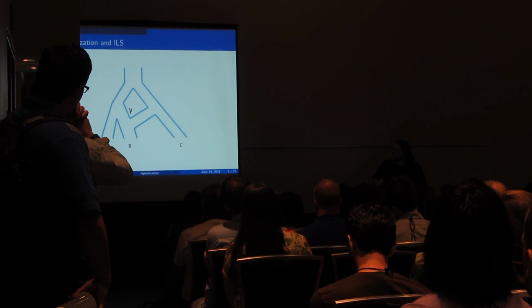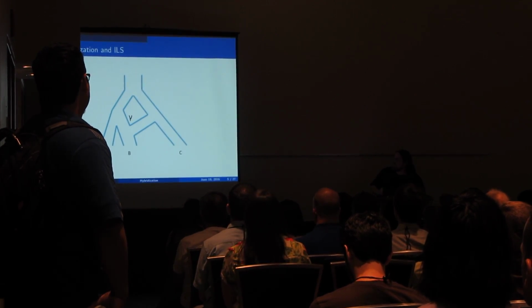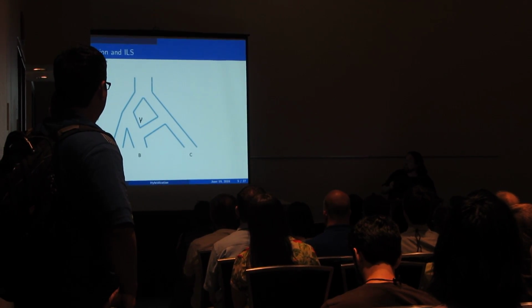Okay, so here's a simple example of a network on 3 species. So this is a species network.